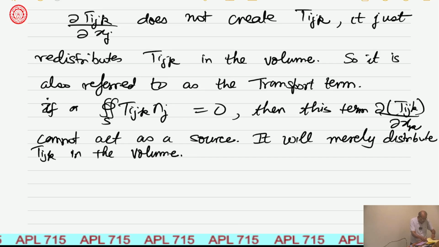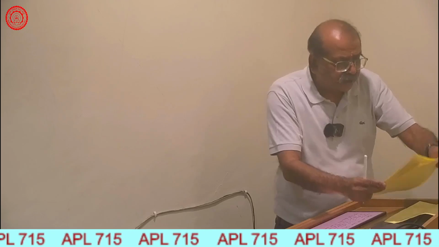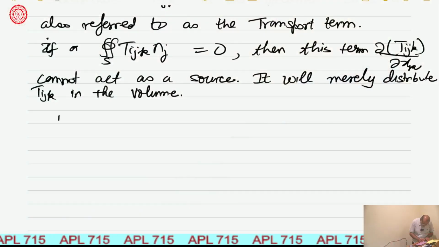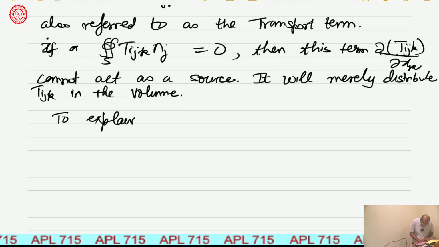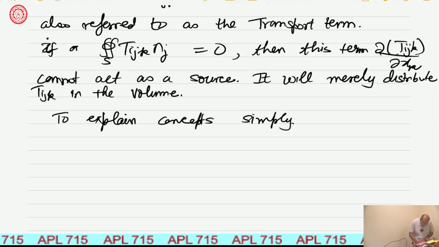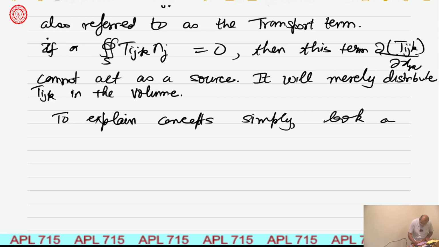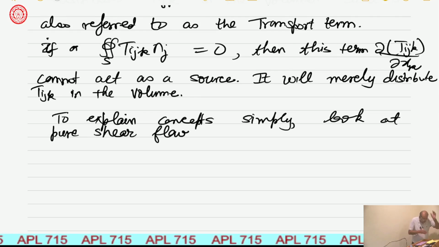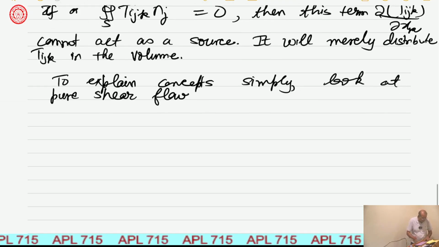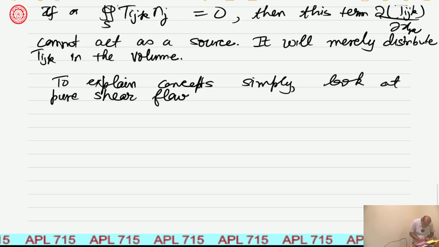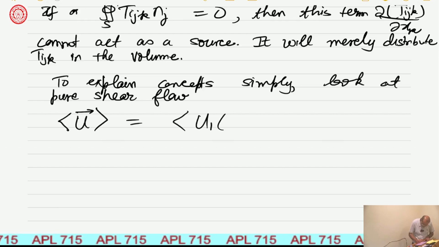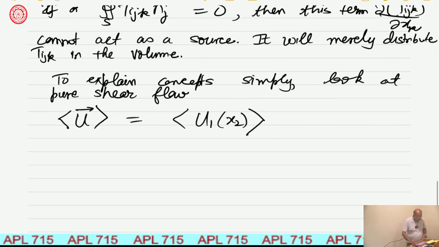So now, to explain the concept simply, look at pure shear flow, which means the mean velocity vector is equal to u1, which depends only on x2.